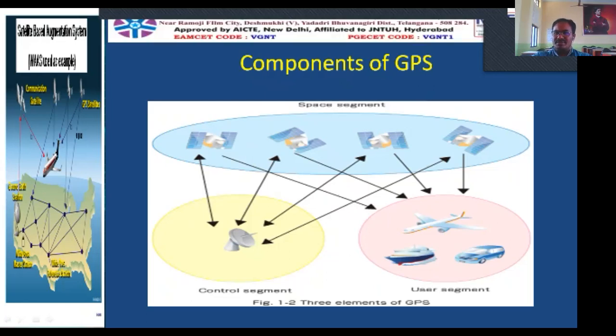This is very important, because the actual calculation procedure, which we are going to learn in a few minutes, is done in the master control station itself. And finally, the user segment. The user may be a GPS in a ship, or in an aeroplane, or in a car, or in the hands of human beings, that is, mobile phones.